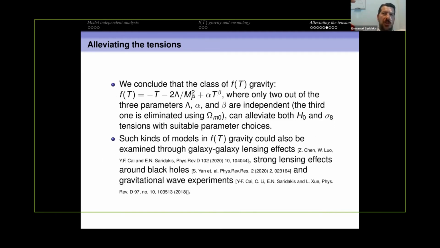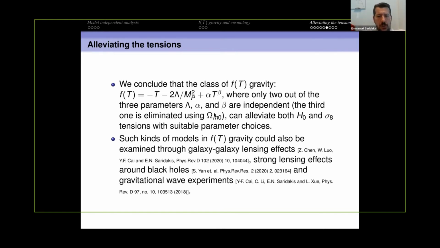So, of course, this was completely numerically reconstructed, but now we can reverse things and we can propose this model. So this is just general relativity, cosmological constant, plus a torsional correction. This correction is adequate to change the background evolution and solve the H naught tension, and also solve the sigma 8 tension because it leads to less clustering.